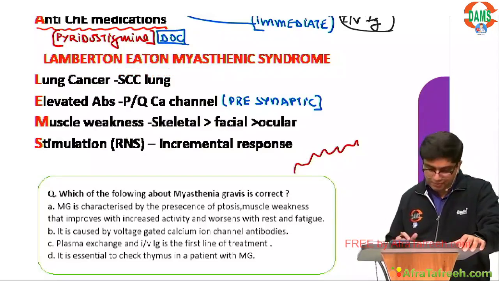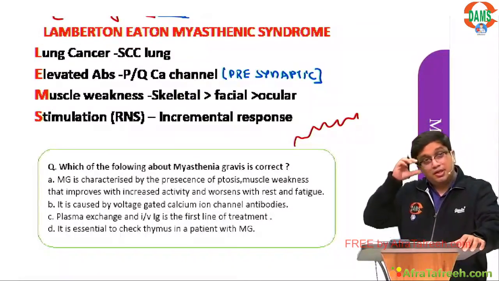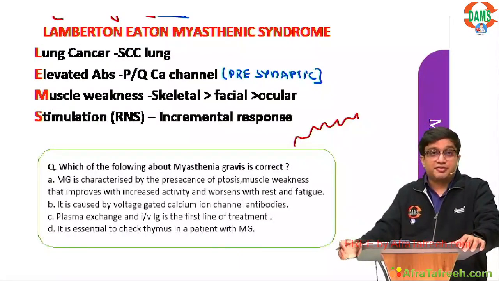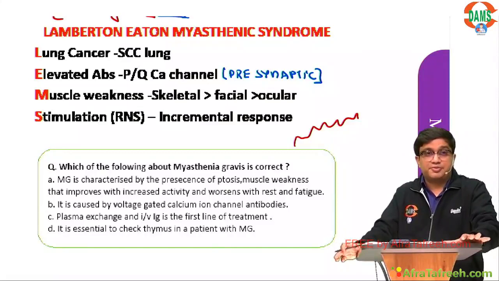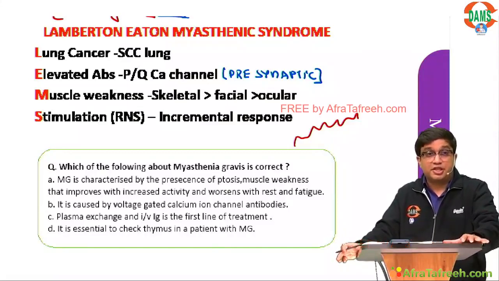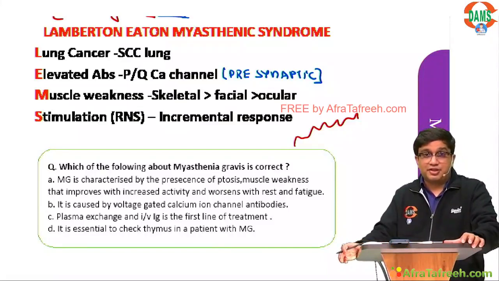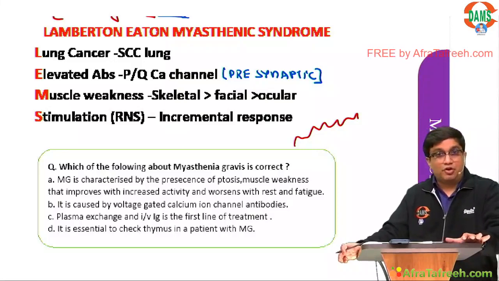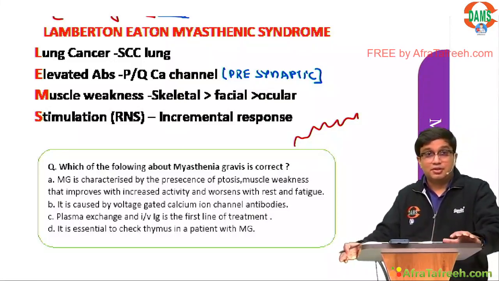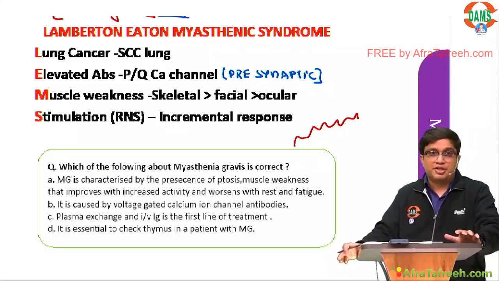Okay. Let's try to answer this question. Which of the following about myasthenia gravis is correct? Myasthenia gravis is characterized by ptosis, muscle weakness that improves with increased activity and worsens with rest and fatigue. No. It will never improve on increased activity. Actually more weakness will happen on increased activity.